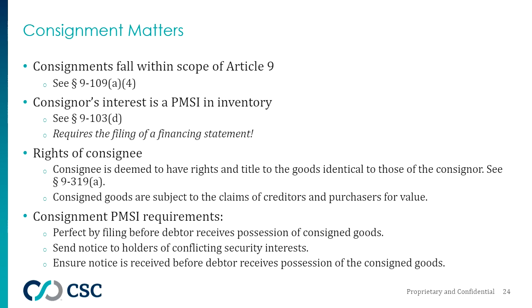And that's because the consignee, the person they turn it over to, is deemed to have rights identical to the consignor. In other words, if the consignor could sell the goods free and clear, this consignee can sell the goods free and clear. If the goods could be reached by a creditor of the consignor, the goods can be reached by a creditor of the consignee, unless they're protected through treating them as a purchase money security interest in inventory.